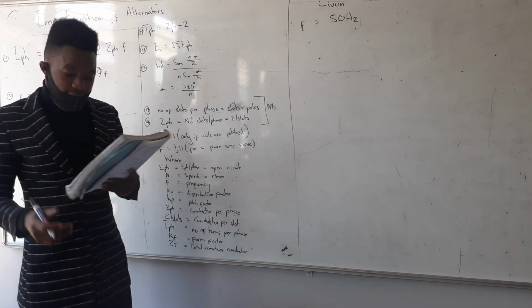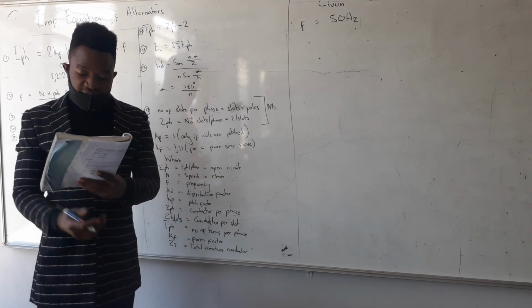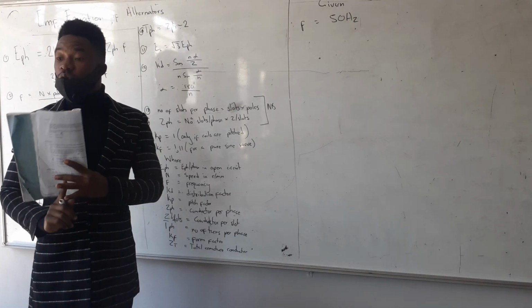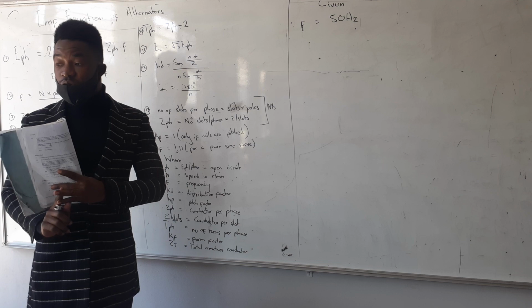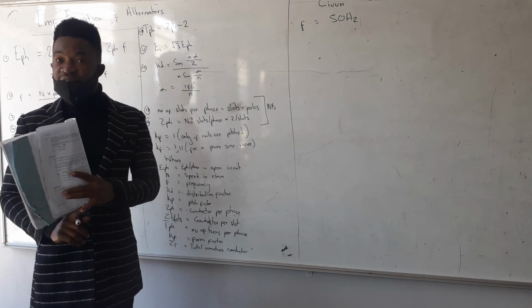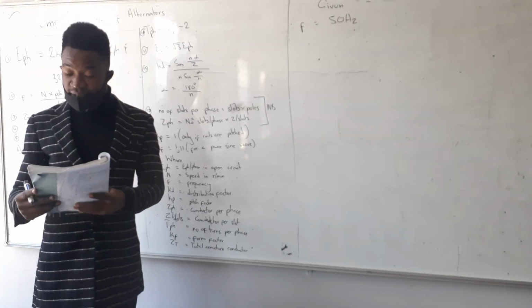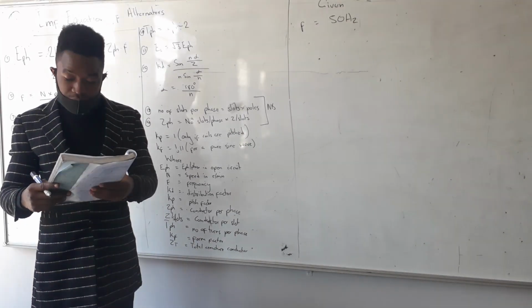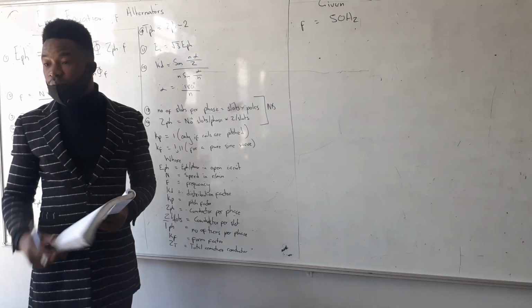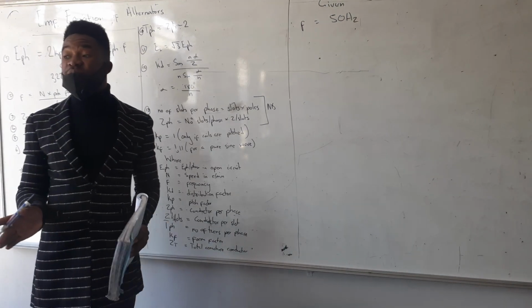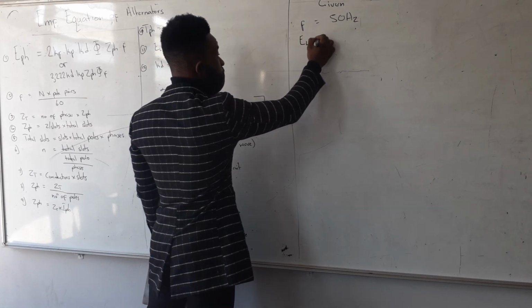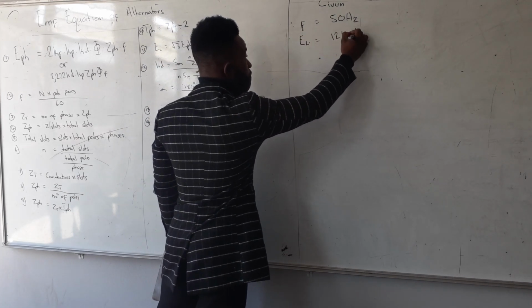It's a three-phase, and it's also connected in star, so the connection is also important. And they're saying it gives a line voltage of 12 kilovolts. On this one they did specify it's a line voltage, E line, of 12 kilovolts.